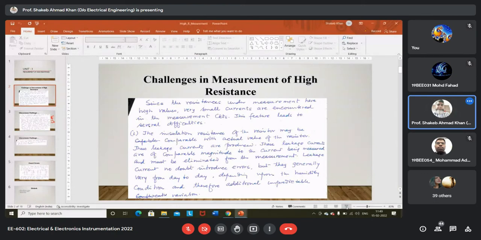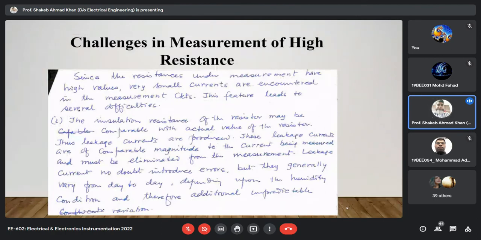As I told you earlier, not only for resistance measurement, for any parameter you want to measure, measurement of large values and extreme small values are always challenging. As far as resistance is concerned, if we are talking about high resistance, it is mostly insulation resistance. So there are different challenges.